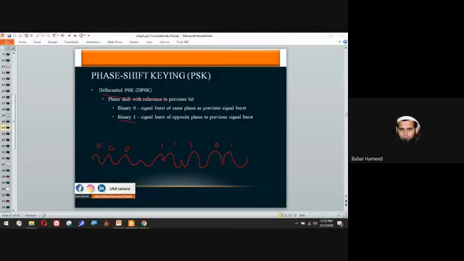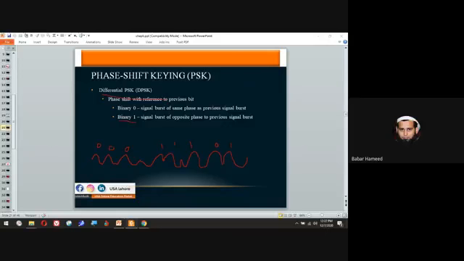Actually, it is an alternative form of 2 level PSK. In this scheme, a binary 0 is represented by sending a signal burst of the same phase as the previous signal burst sent. So it is simply copying the phase of the previous signal. And a binary 1 is represented by sending a signal burst of opposite phase to the preceding one.